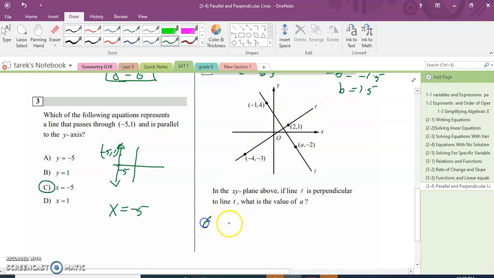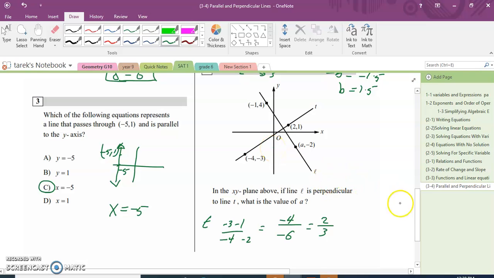So the slope of T equals y2 minus y1, which means negative 3 minus 1 over negative 4 minus 2, which is negative 4 over negative 6, which is 2 over 3. This is the slope of the line T.